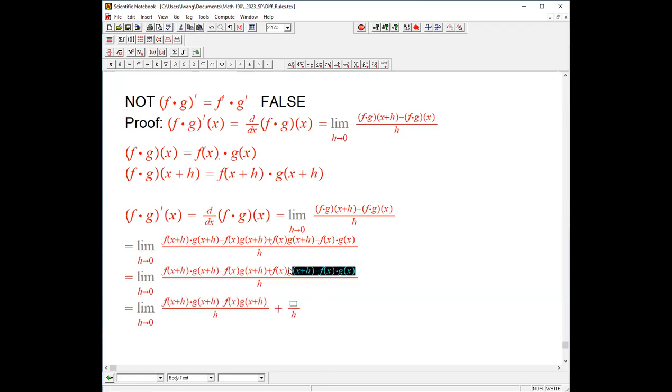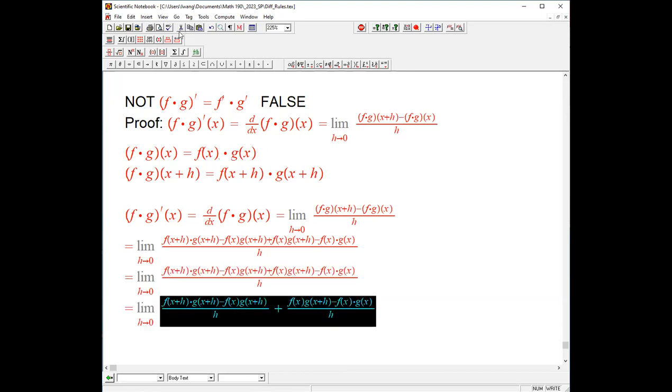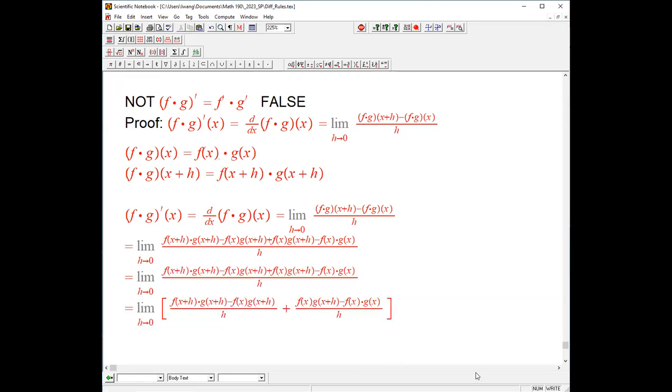And I take the second two and put them here. They're separated. And all of them are in the bracket. They're still under the limit. They're not separated because we cannot separate it by limit law until we have the proper setting. We still cannot separate the limit.